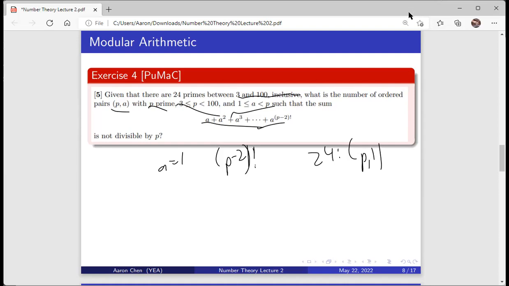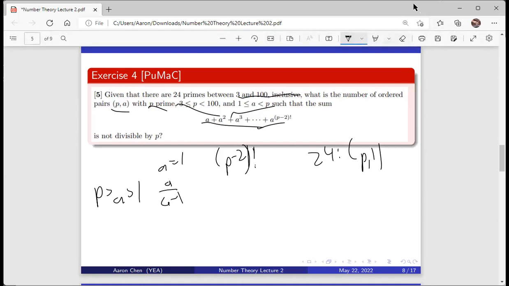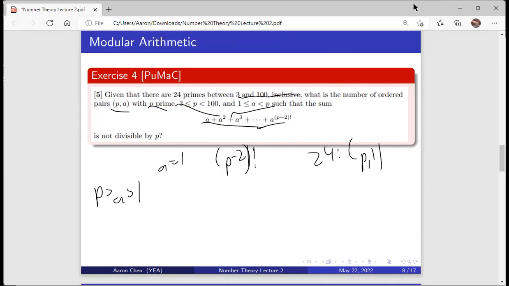Now, suppose A is greater than 1 and still less than P. Sorry, I forgot to write this. So the sum is A plus A squared plus A cubed up to A to the P minus 2 factorial, which is equal to A times (1 plus A plus all the way to A to the P minus 2 factorial minus 1).